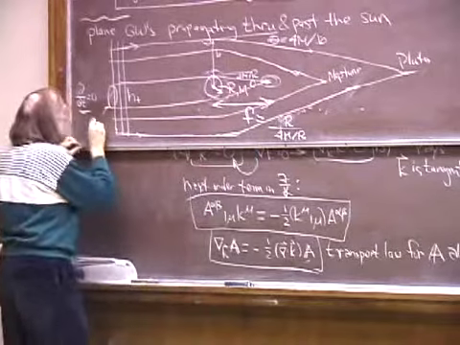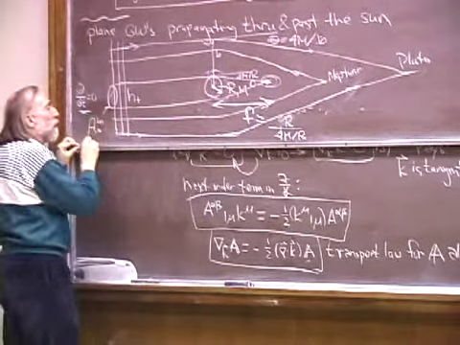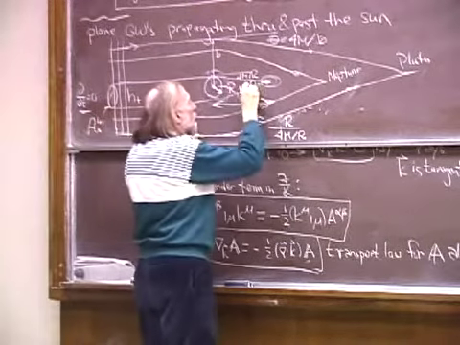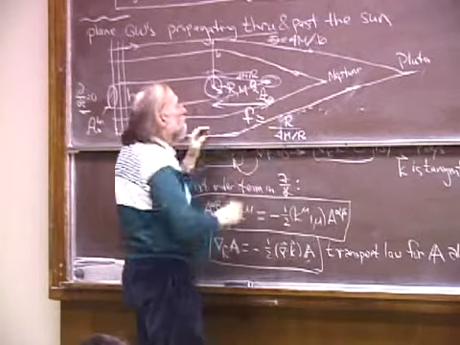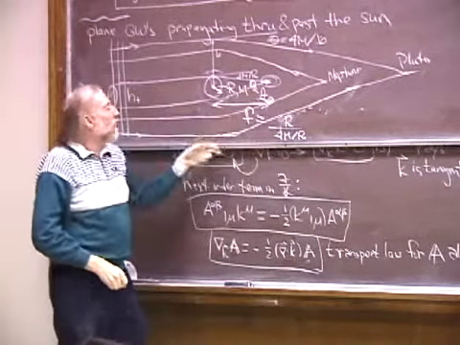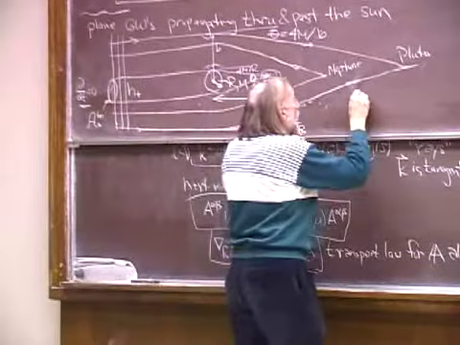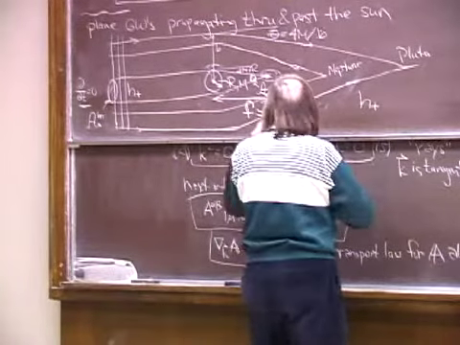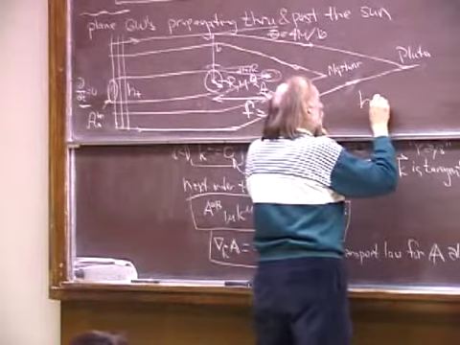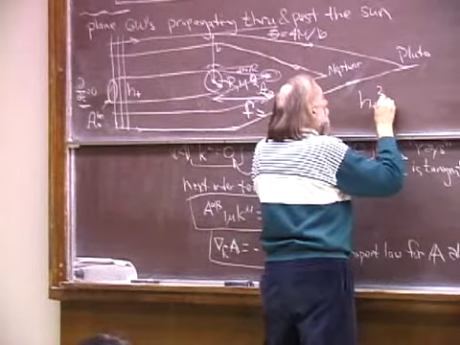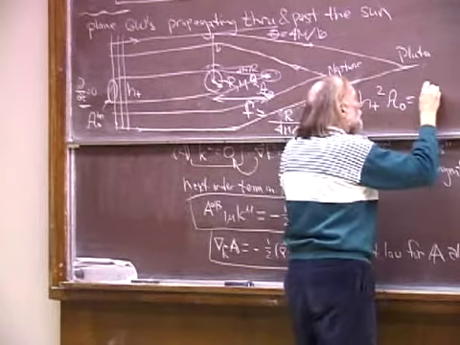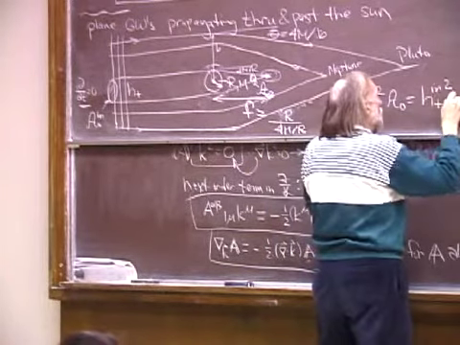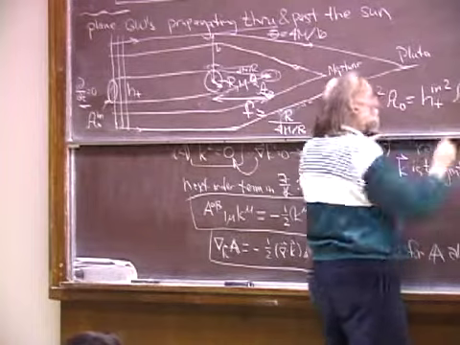I'll just call it A naught down there. And the statement is that h plus squared times A naught is equal to h plus initial squared times A initial.